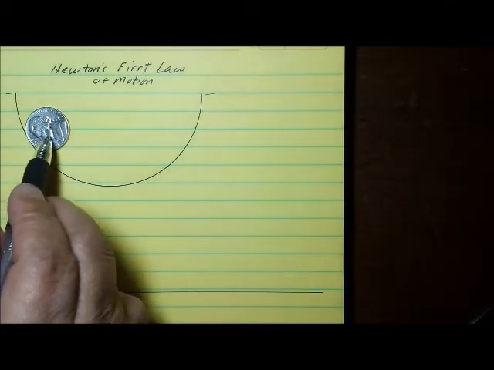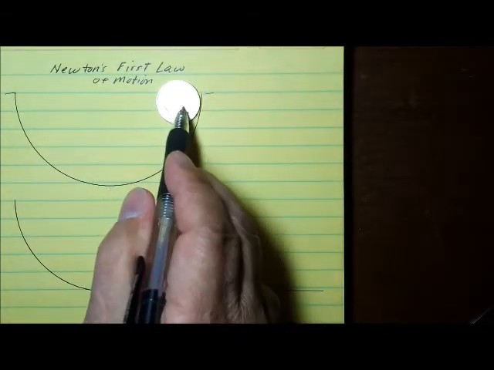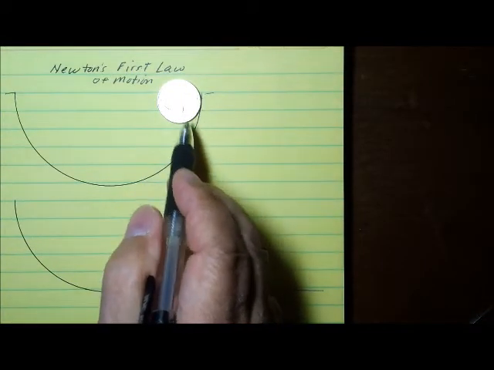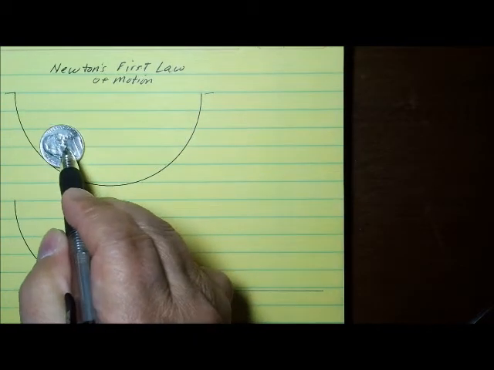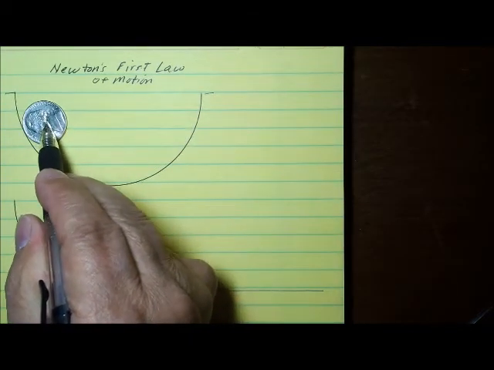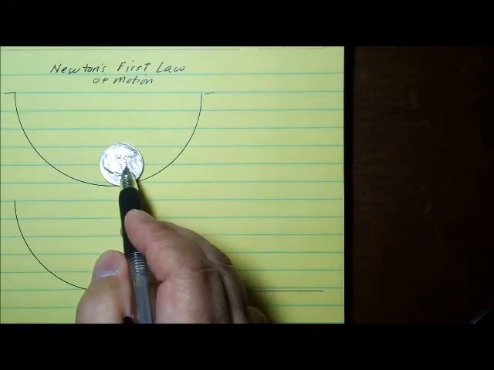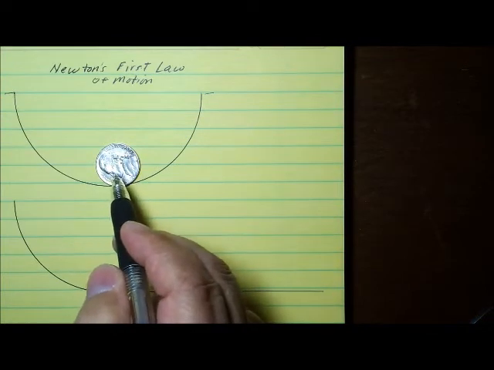Sure, and you're right. When you release this ball, there's friction that acts between the surface of the ball and the valley floor. And so it takes some of the energy away from that ball as it rolls each time. And so as it loses energy, friction will eventually cause it to stop right there.